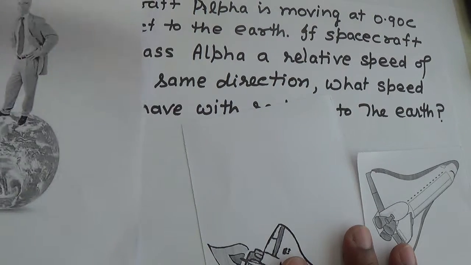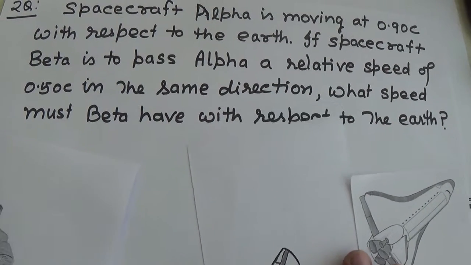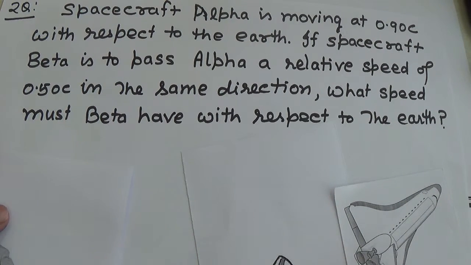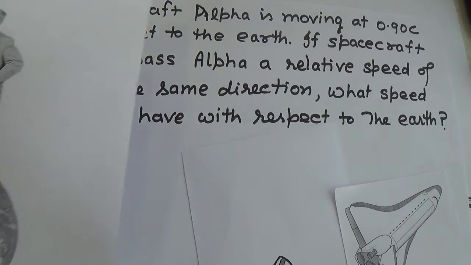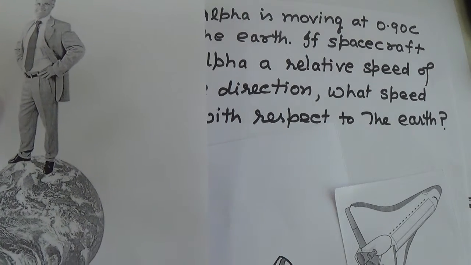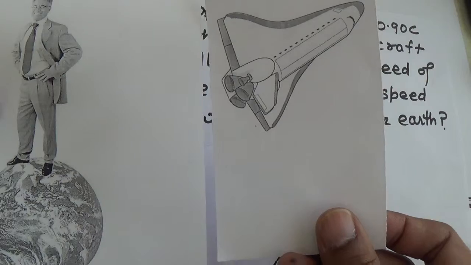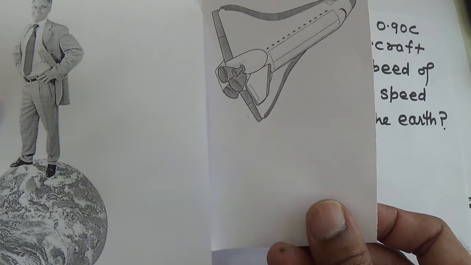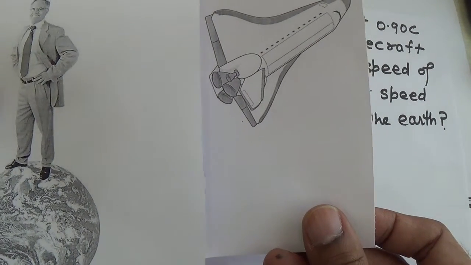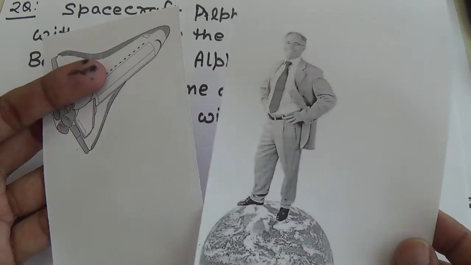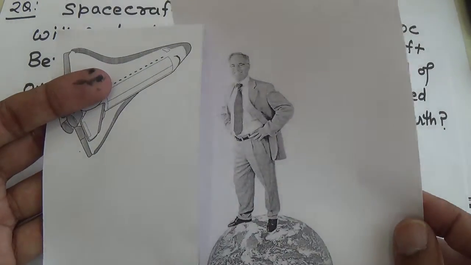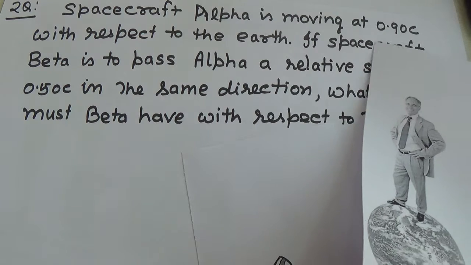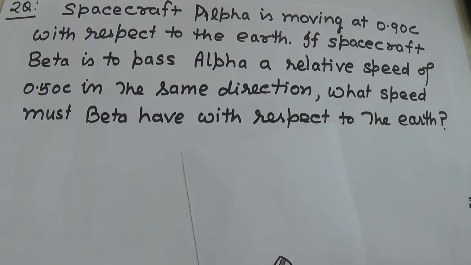So this is the statement of the numerical problem. A spacecraft alpha is moving at 0.90 c with respect to the earth. This is earth, this is spacecraft alpha. The speed of spacecraft alpha with respect to the person standing on the surface of the earth is 0.90 c.